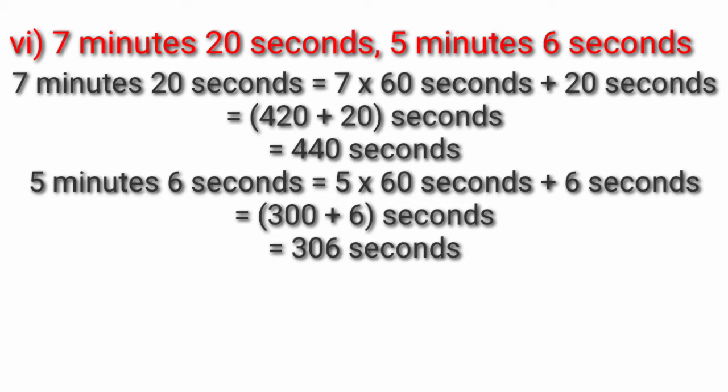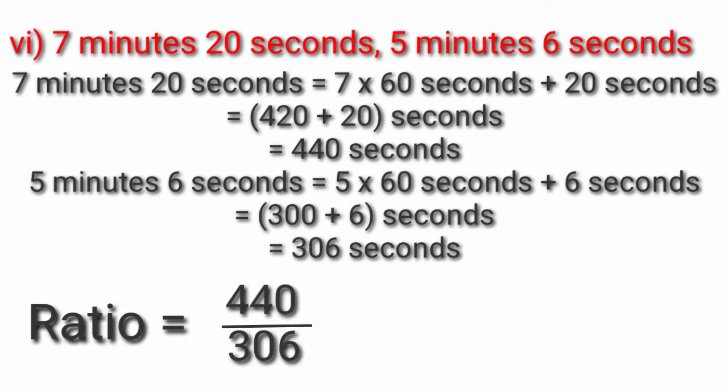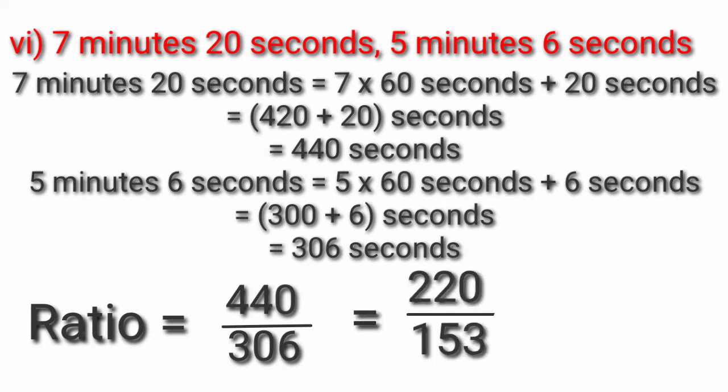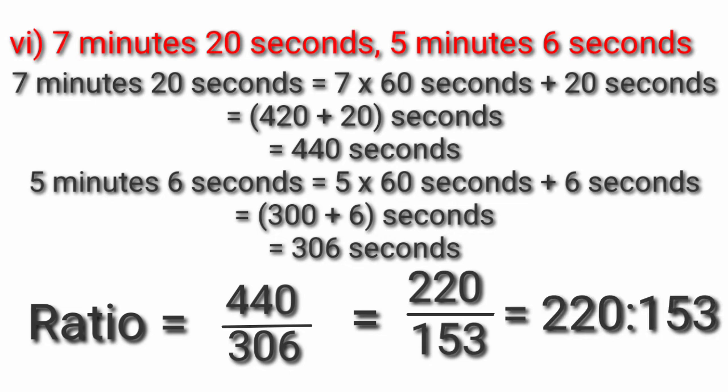Now second quantity, 5 minutes 6 seconds is equal to 5 multiplied by 60 seconds plus 6 seconds, which is 300 plus 6 seconds, equal to 306 seconds. Therefore, the ratio is 440 seconds upon 306 seconds. After dividing it by 2, we get 220 upon 153. So its ratio is 220 is to 153.